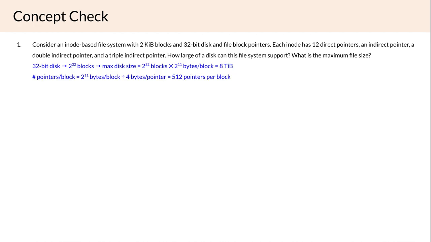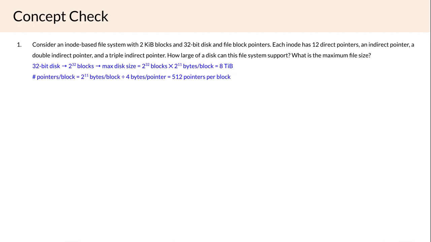Okay, so for the indirect pointer, that's going to give us 512 data blocks, and we again can multiply the number of pointers in that block times the size of each block to determine how much data we can store from the indirect pointer alone.